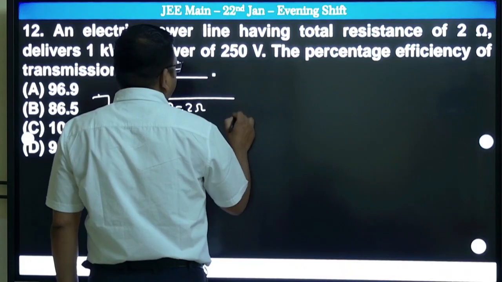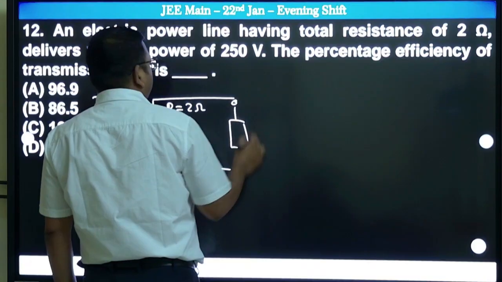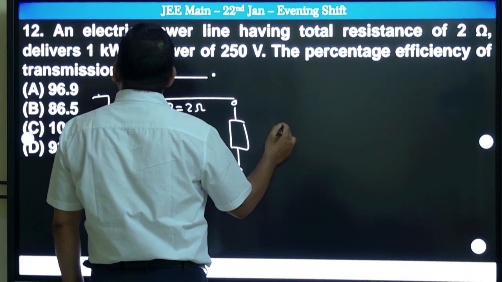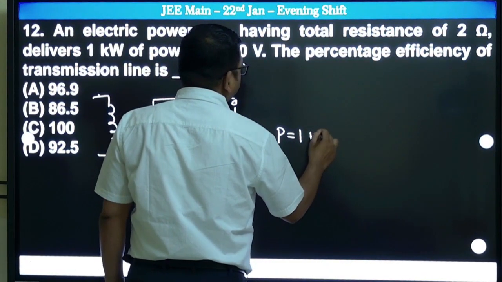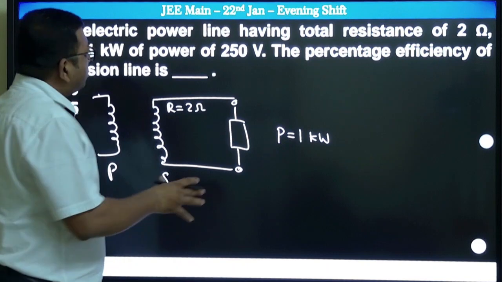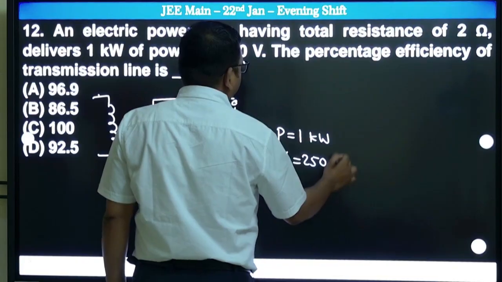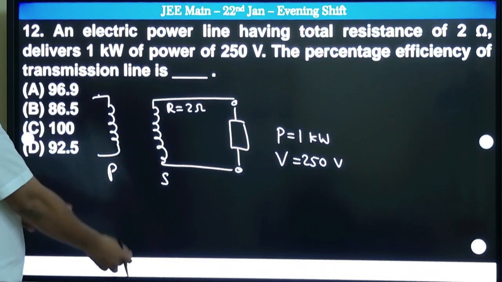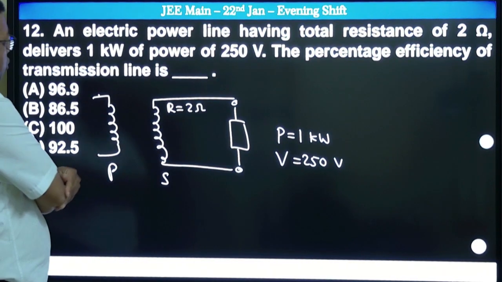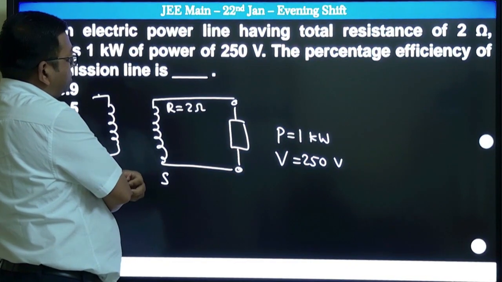Suppose there is some device connected to this, then the power which is delivered is given as 1 kilowatt, and the output voltage is 250 volt. For percentage efficiency, we have to see input and output.